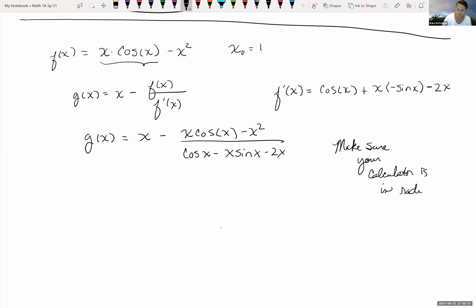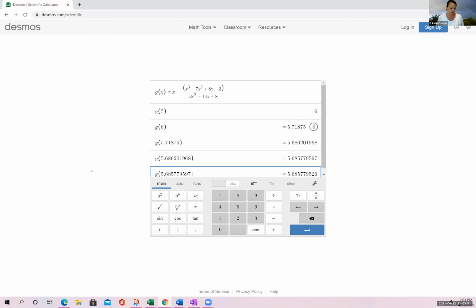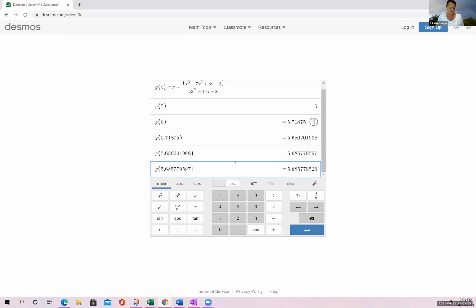So let's go in and we can look at what g of 0 is. Let's again pull up Desmos and plug in what we have for g of x. I'm going to change the name because Desmos already knows g of x as something else. So I'm going to call it h of x.